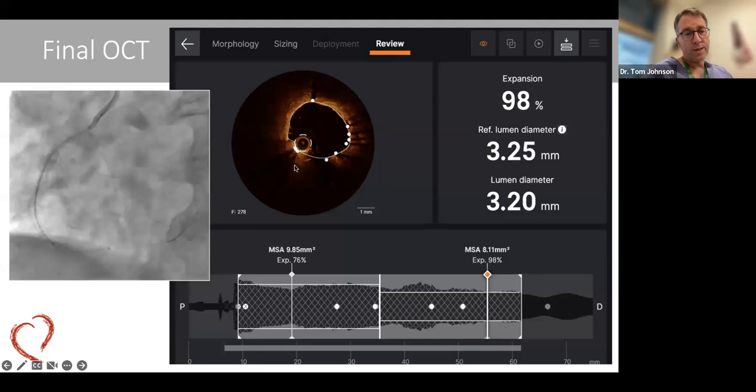So I think that is something that we can expect, and actually it behaves in a very stable fashion. So I don't have major concerns with using OCT in that setting. And I actually like the detail that I get from OCT over IVUS for these types of cases.